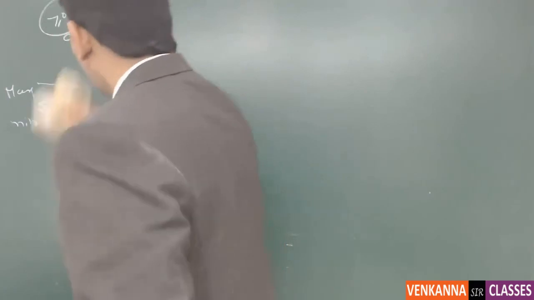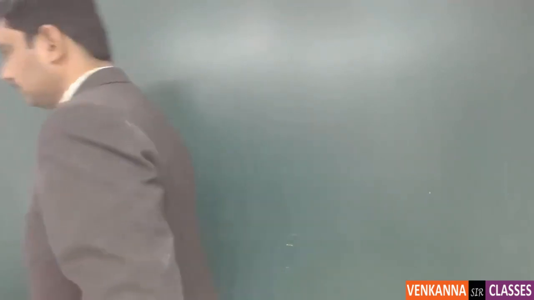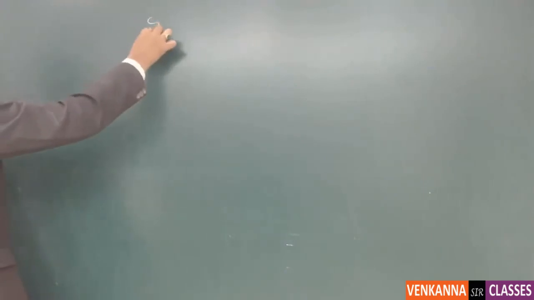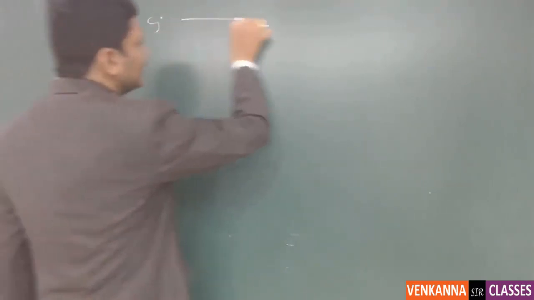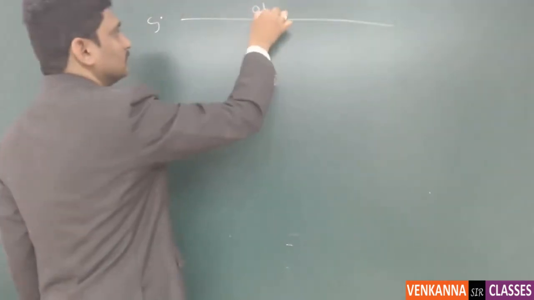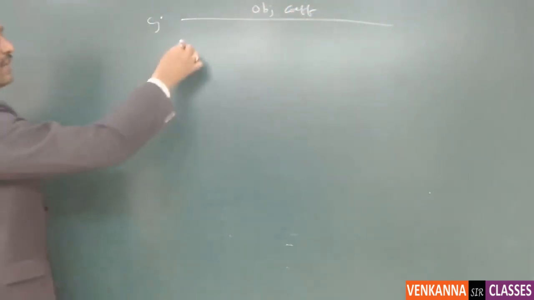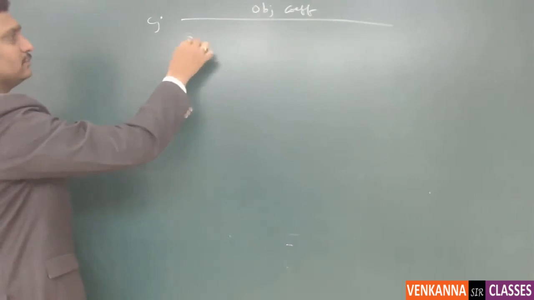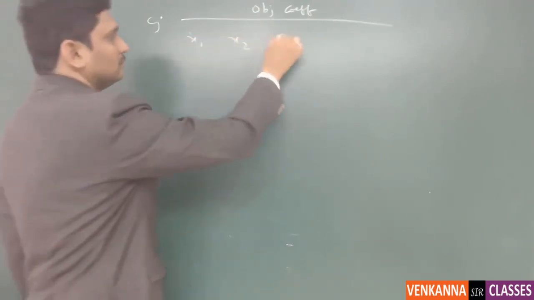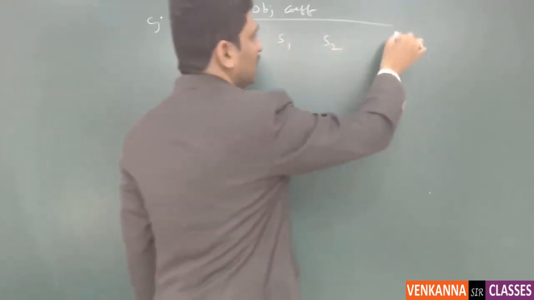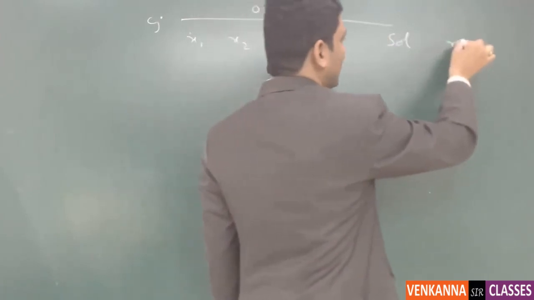Now I just draw the outline. The objective function coefficients are written here, and the variables are written here. So you have the solution and you are calculating the ratio.